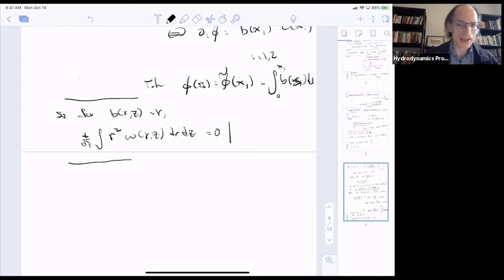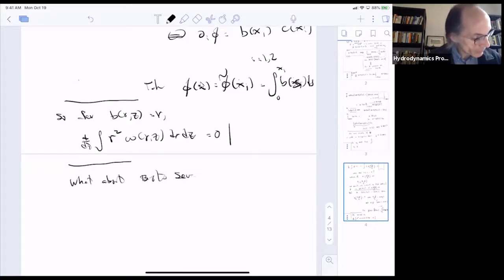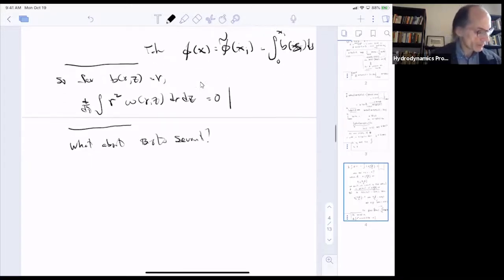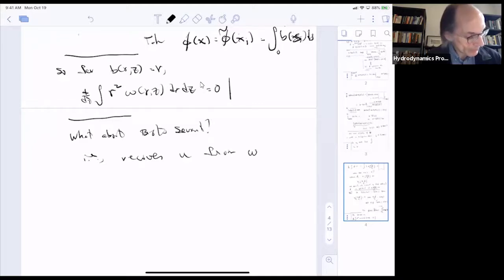Okay, so then, right. So what about the Biot-Savart? In other words, I want to recover the velocity from the vorticity.